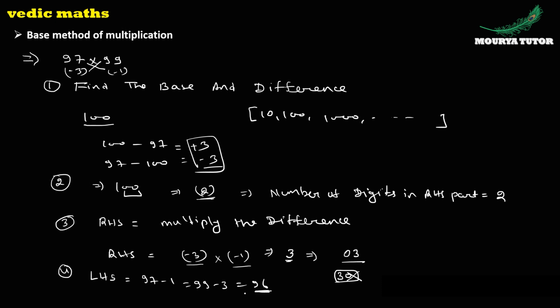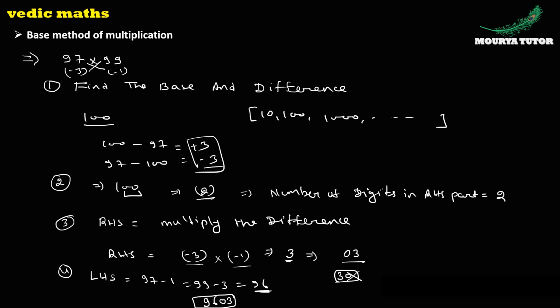So this is the LHS part. At the end, you just need to put the LHS and RHS together. That will be our final answer, right? So let's write together. First write 96 and then we will write 03. Now this is the multiplication answer of these two numbers. Like that we can find out.